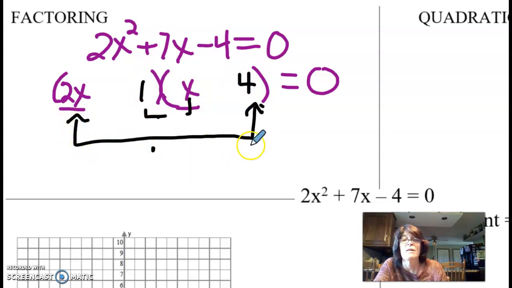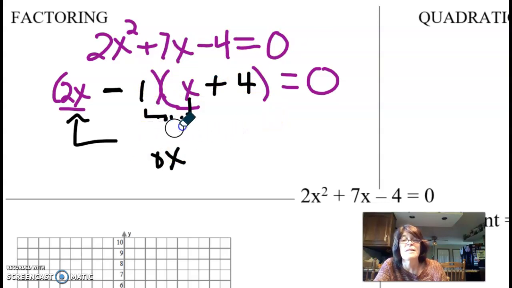Now my outer product, 2x times 4, is 8x. 1 times x is 1x. And I notice that if the 8x is positive and the 1x is negative, that will give me a 7x. I'll have 8x plus negative 1x is 7x. And of course, negative 1 times 4 is my negative 4.